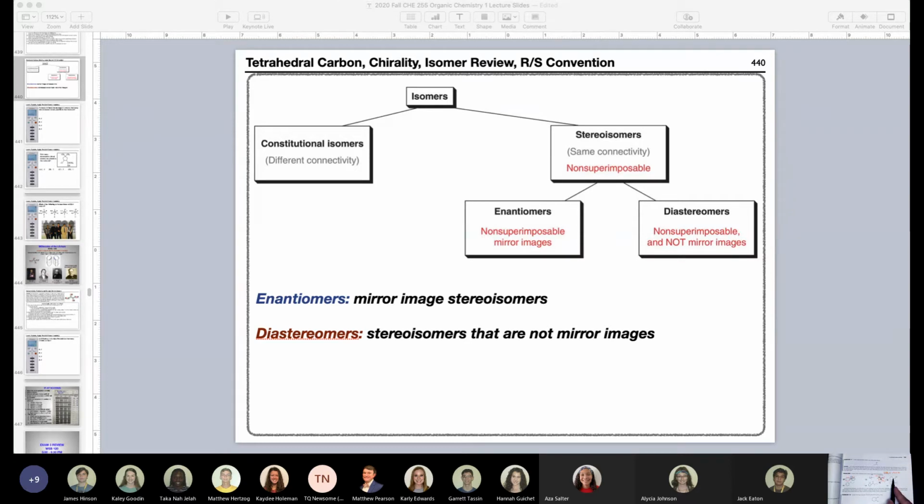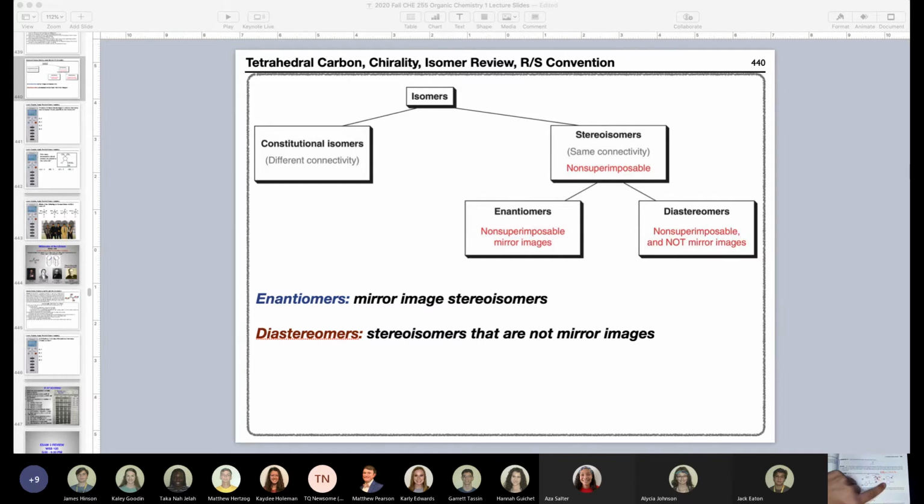So is this carbon a chirality center? Is this carbon a chirality center? So we found it because it says there's only one, so that's the chirality center.